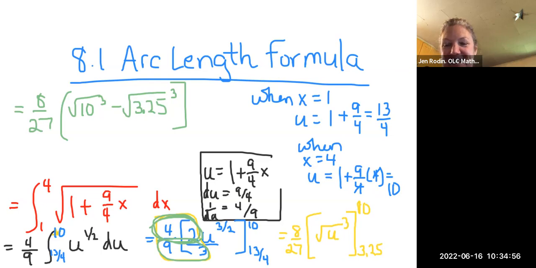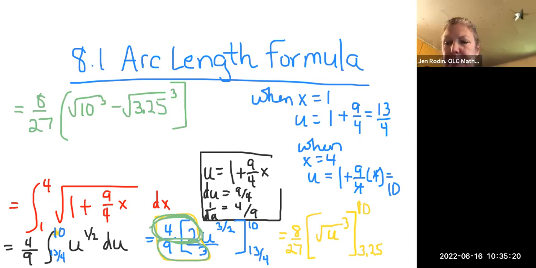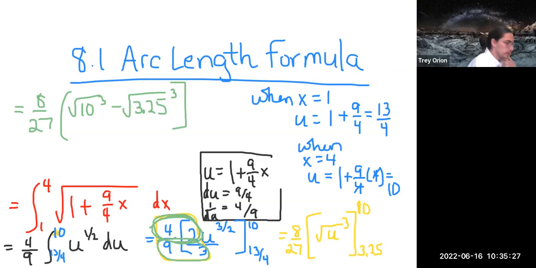And then I had just left this in exact form. Sometimes they'll say leave the answer in exact form, and then that's pretty much all they want. But I wanted a decimal form. So I'm taking 8/27 times the square root of 10 to the 3rd minus the square root of 3.25 to the 3rd.